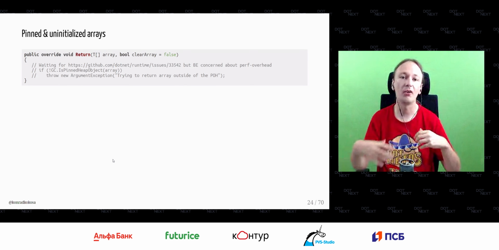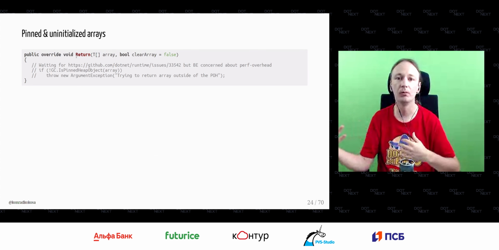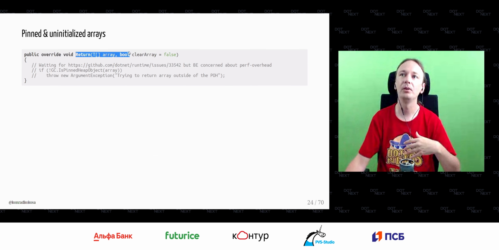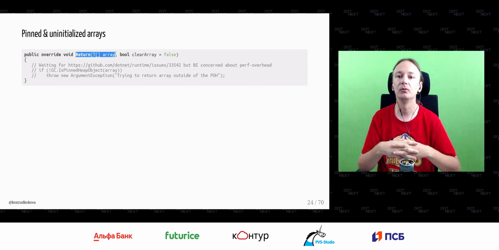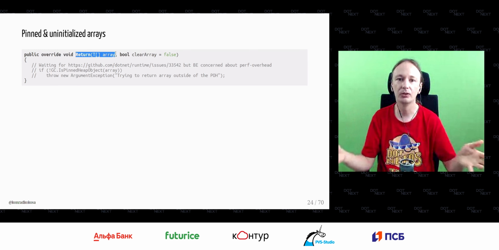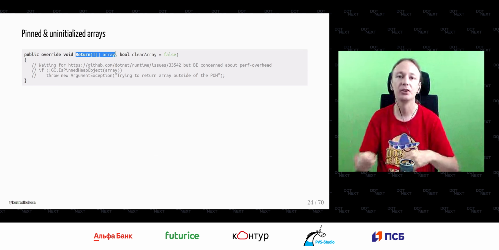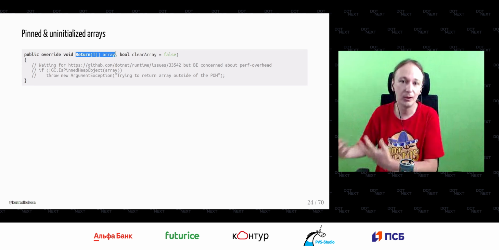One thing that is currently missing is that if we return something to the pool, because obviously that's how our array pool is working, we need to return an array to the pool. And the API is simple. Obviously, we are providing some array to the return method, but this can be a regular array, not the array that we have rented. It can be any array which is not pinned. So it could be quite dangerous, because now we can put into an array pool of pinned arrays an array which is not pinned.